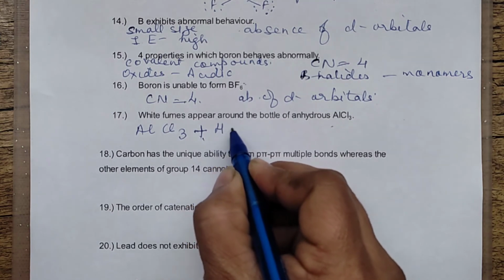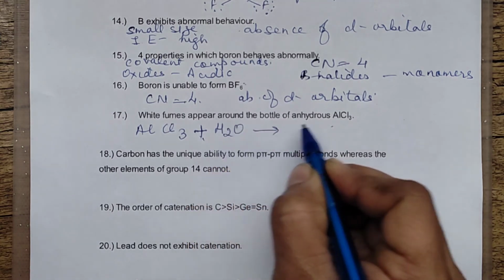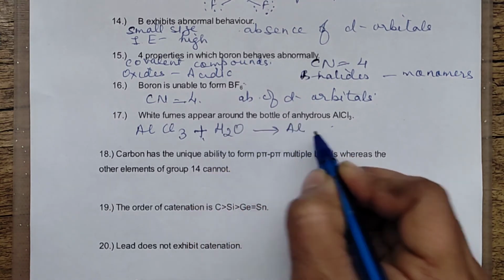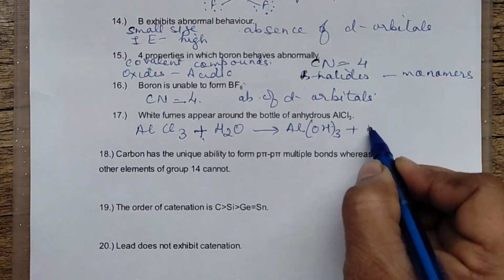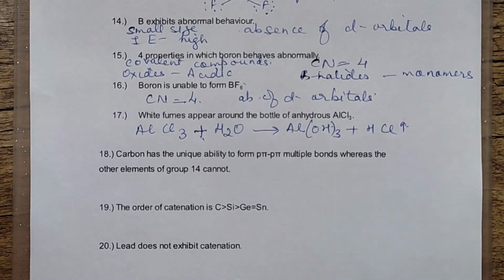So it will combine with the water to which it is exposed, resulting in the formation of aluminium hydroxide, and HCl fumes will be formed. So fumes are seen, that is why it appears as if white fumes are coming around the bottle.